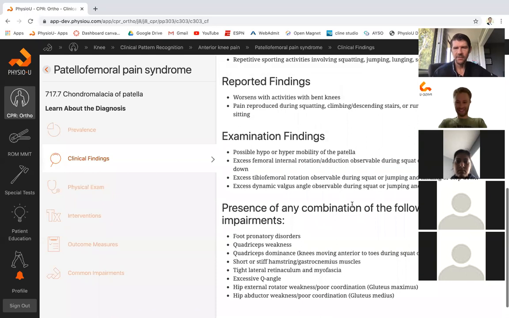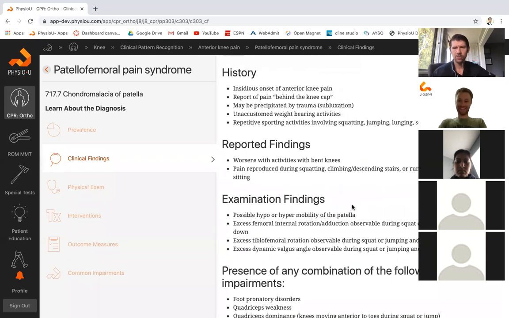How about else? What else would be some other tests you guys want to look at? So you guys talked about step down, you talked about Clarke's and grind. McConnell's, good.